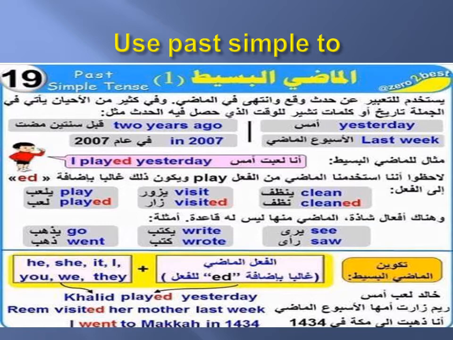Now, you can note that the picture here included some explanation in Arabic. Okay? That may be for two reasons. The first, that the picture itself is ready-made like this.